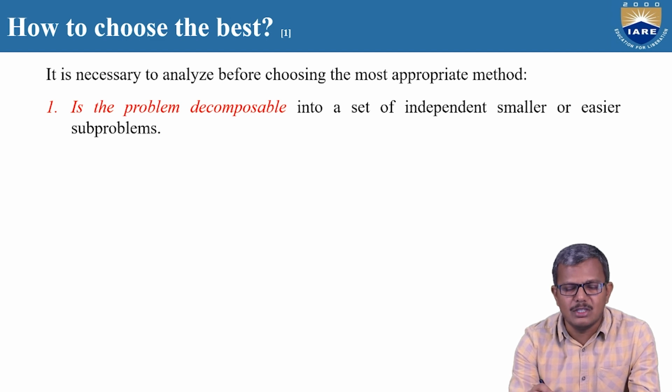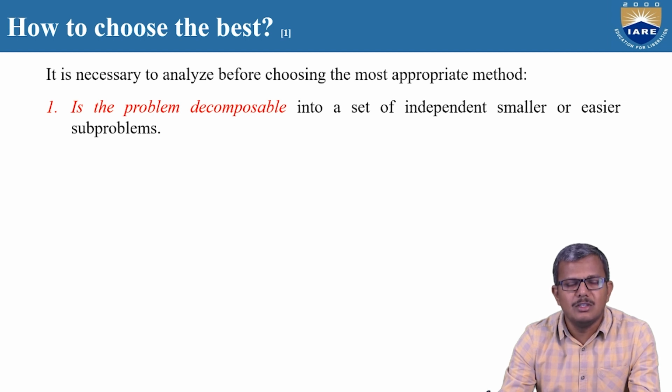So let us try to understand how to choose the best one. As I mentioned just now, there are different kinds of heuristic search techniques available. Which one is the best suitable technique for the problem is what matters. That's why we first need to understand what will be the best heuristic search technique to solve our problem. So the first question we raise is how to choose the best one, that is, among the available heuristic search techniques, which is the best.